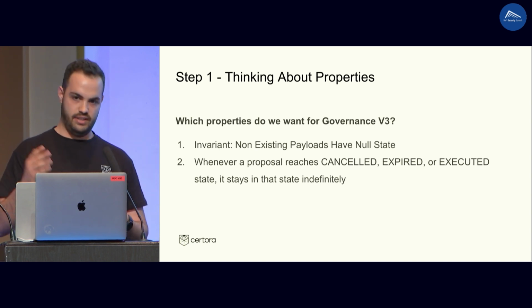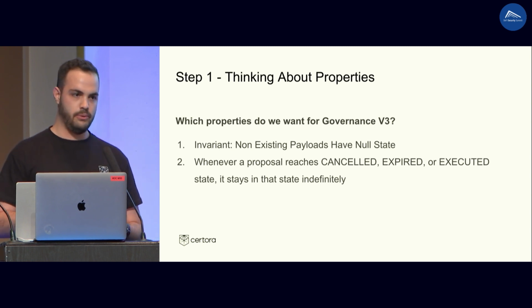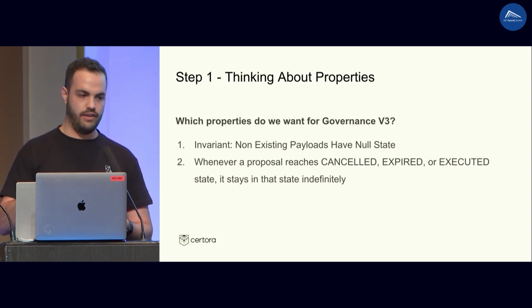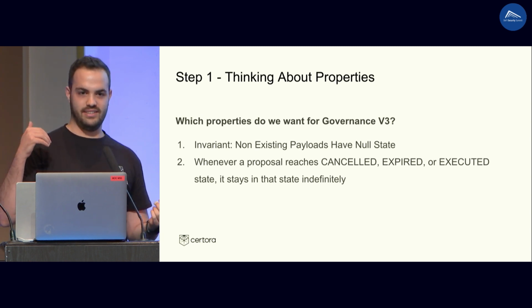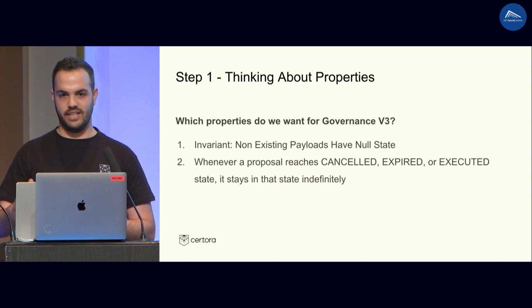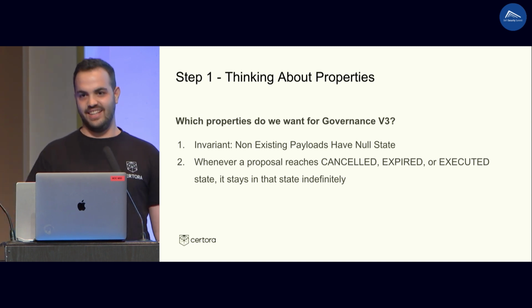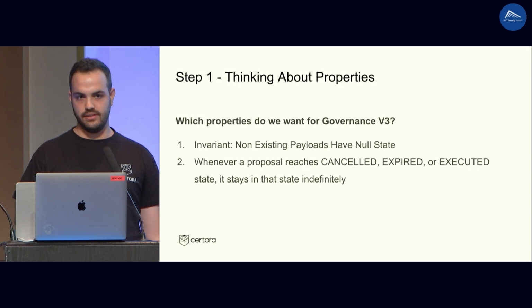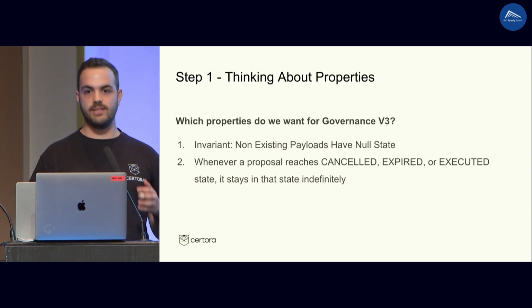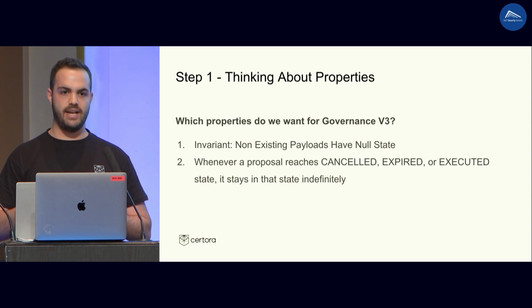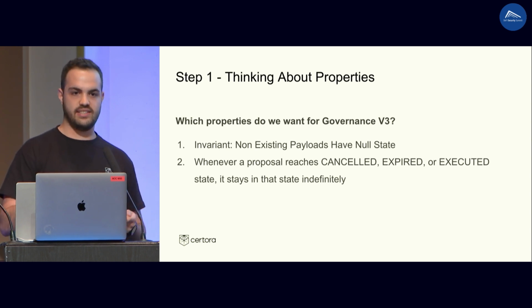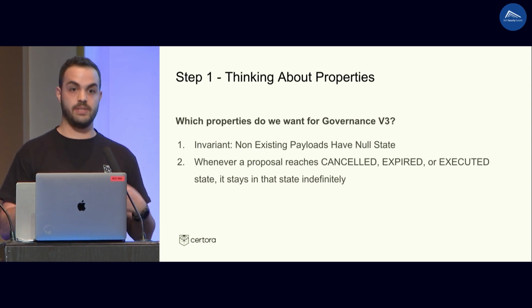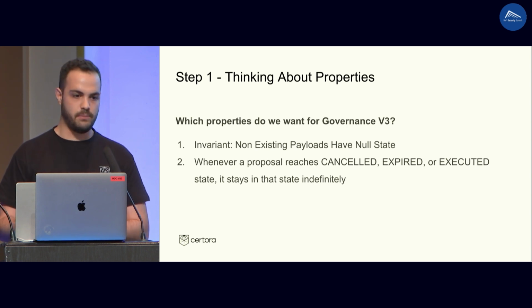They have the none state that I showed before, we have created, active, queued, executed, and also canceled, and expired, a lot of states. And the state machine is pretty complex. But we want to describe a simple property that covers many, many cases, and not just have a lot of tests that check when I start in this case, and then I call some specific function with some specific input, it doesn't break.